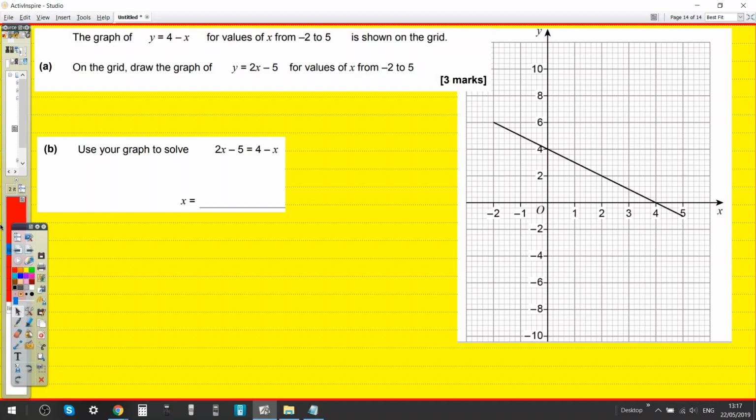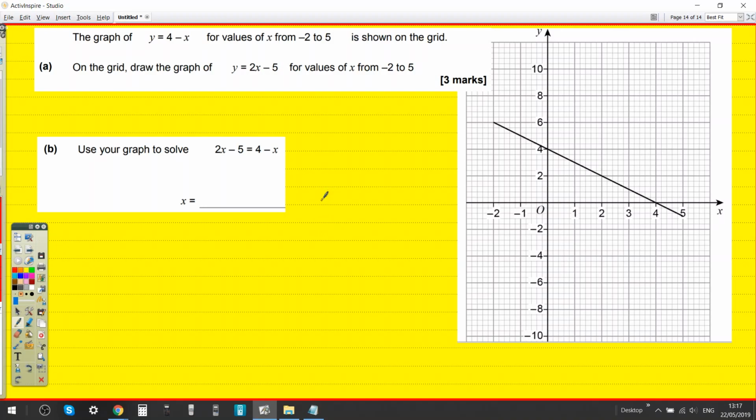Is that the right idea? No. You are substituting minus 2 for x. Let's start with the easy one. Start with 5.